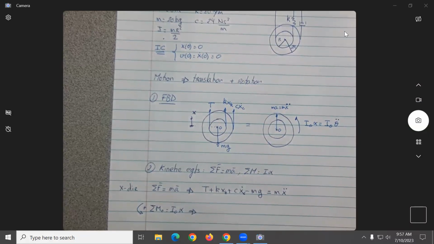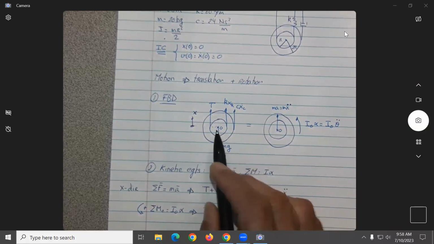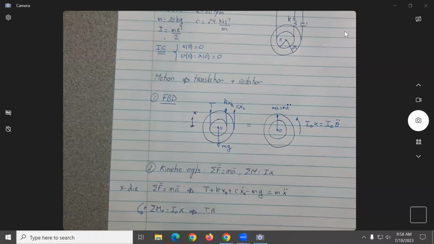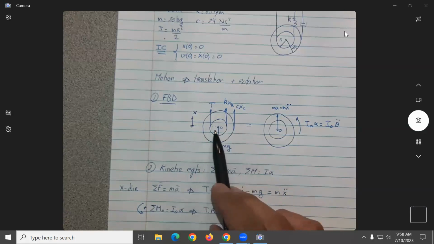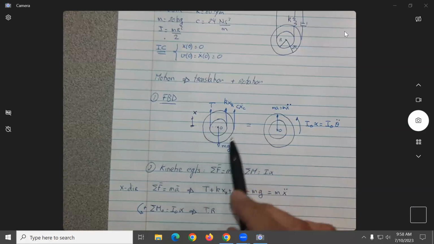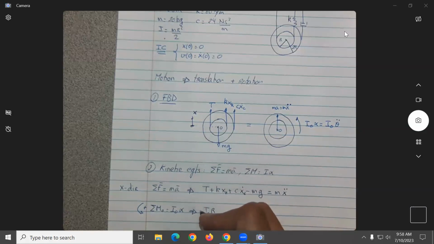So summation of moments about O equals I alpha, what are we going to have? T times R, no? So it will be counterclockwise, this will be going clockwise, so it should be negative.